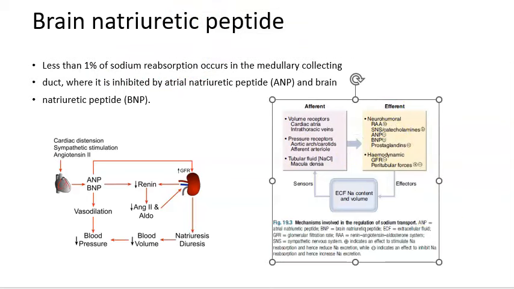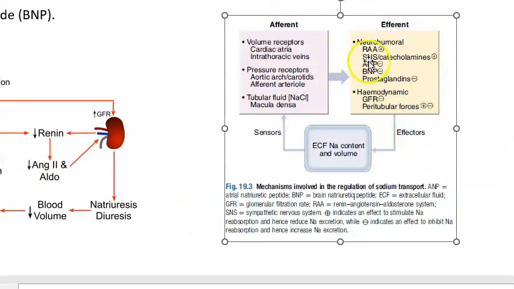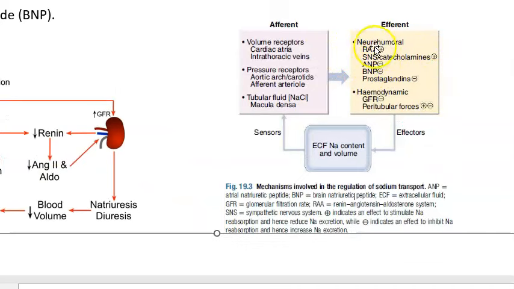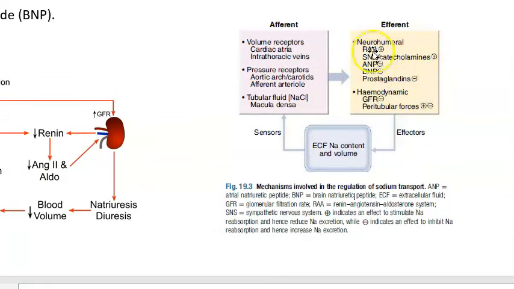Now look at this diagram here. Sodium, where is it? Here, ANP, BNP is here. See here, ANP, BNP. So they have put a negative sign here, neurohumoral negative sign. So it is going to cause what?